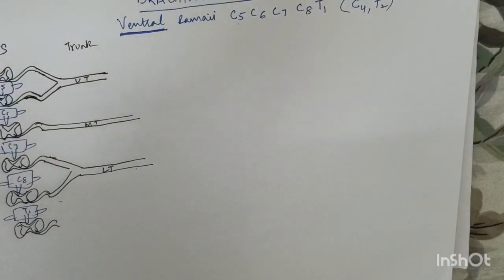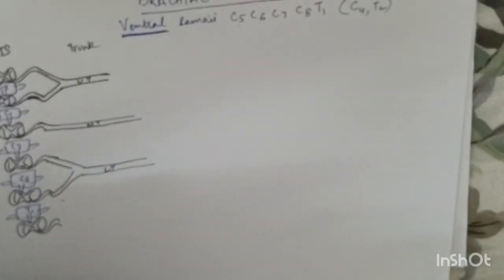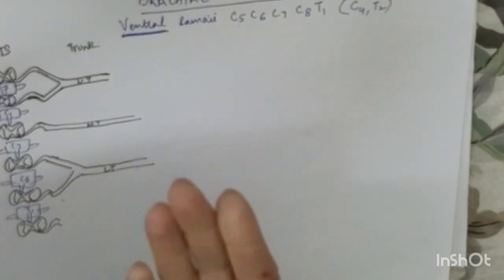Herein our brachial plexus runs, along with the subclavian artery. So this is how it arises from the corresponding vertebra and passes through the neck through the scalene triangle. This part is supraclavicular, that is, it is above the clavicle.